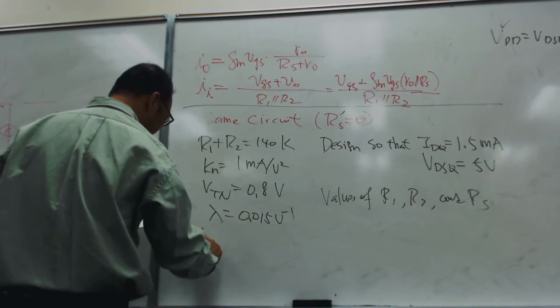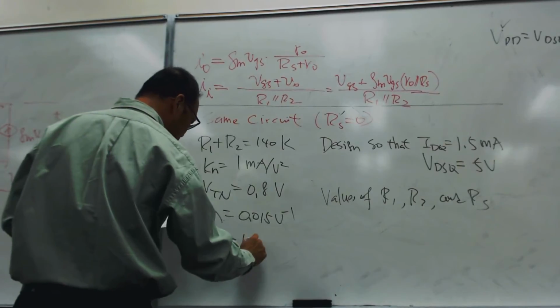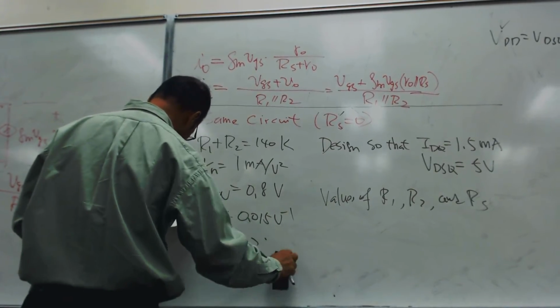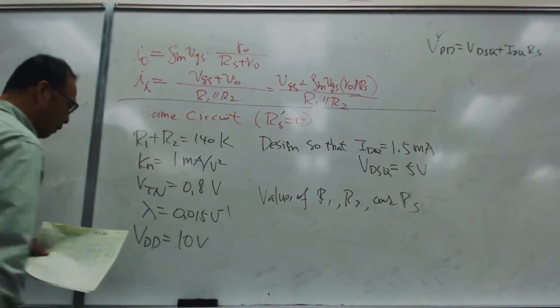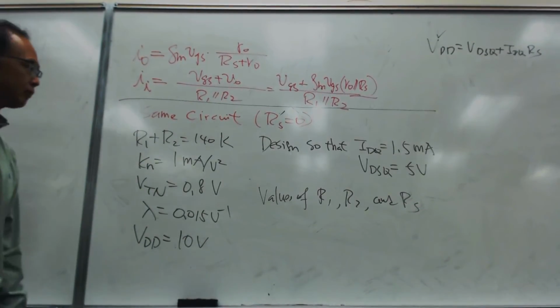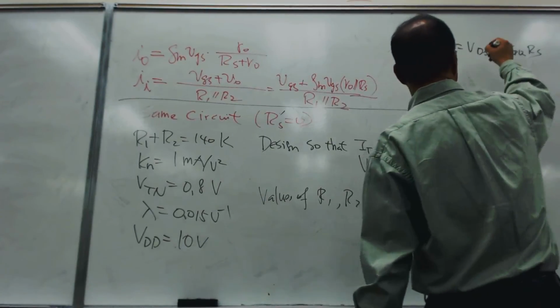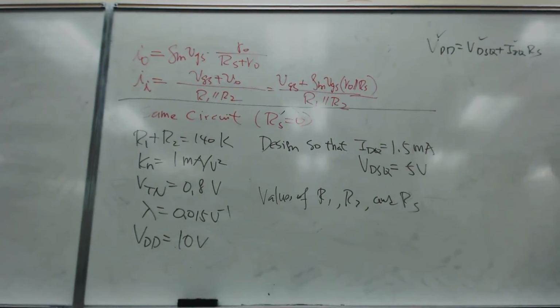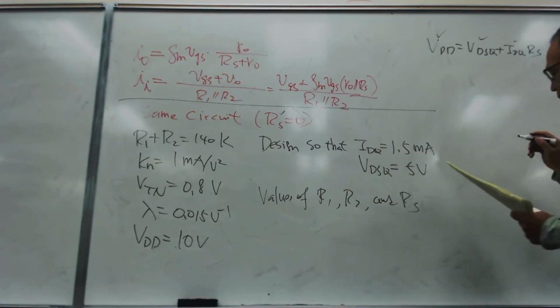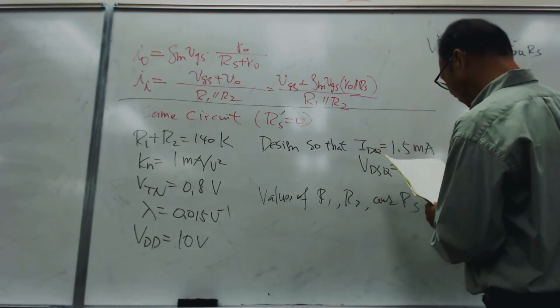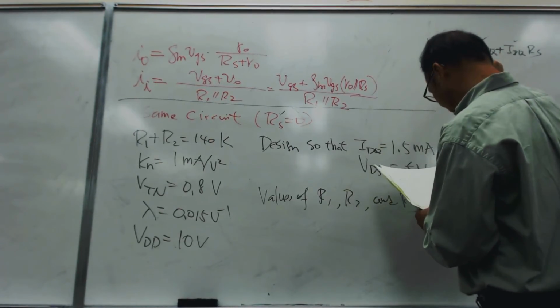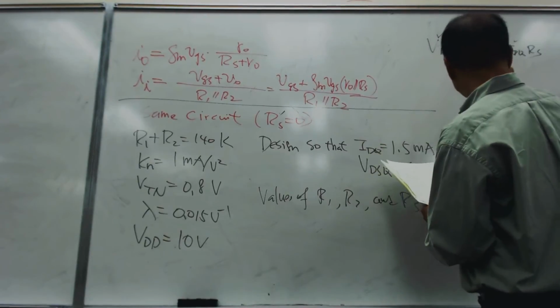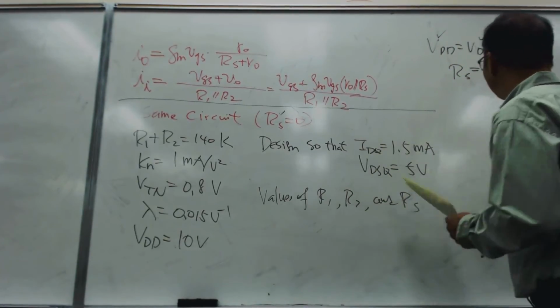VDD is equal to 10 volts. So this is known, this is known, this is known. There's only one unknown, which is R sub S. So R sub S is equal to 3.3 kilohms.